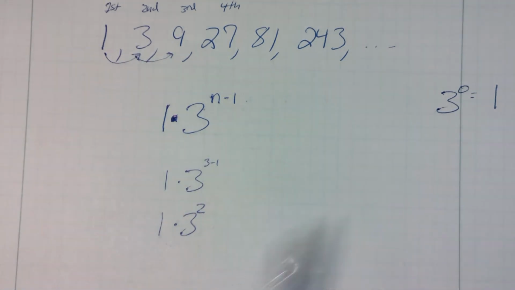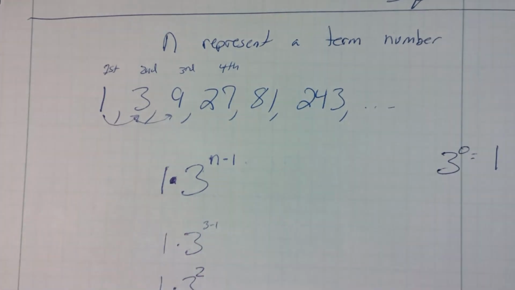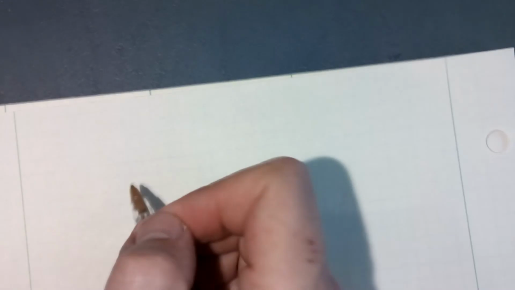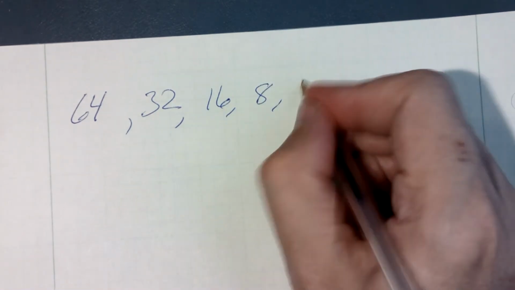Let's do another example. The leading coefficient of 1 might have been a little bit difficult or confusing. Let's do something that actually goes down. So in other words, something like 64, 32, 16, 8, 4, and so forth.